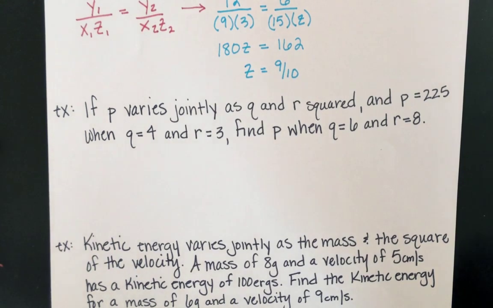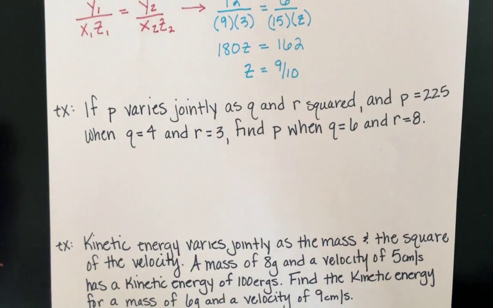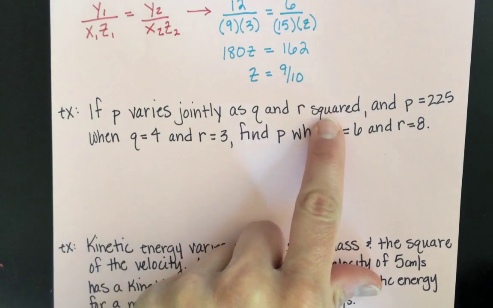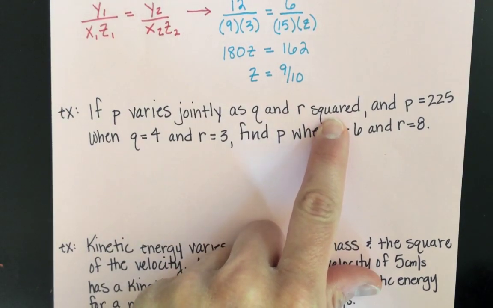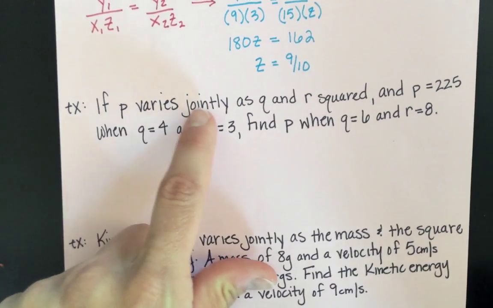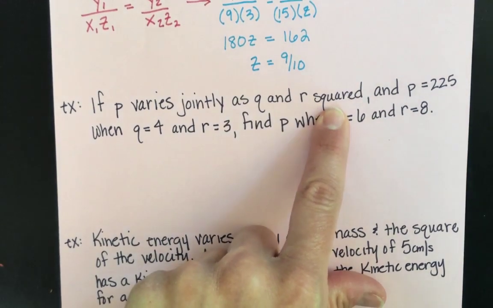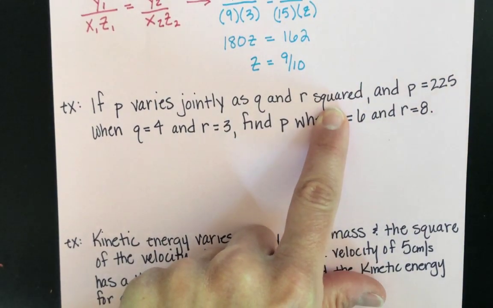And in this next one, it says if P varies jointly as Q and R, so we have our Y, X, and Z, but we have to pay attention to, we're going to do something to that variable there. We're going to square it because it says P varies jointly as Q and R squared. So it's actually telling us to do something to the value of whatever R is before we even work out the problem.